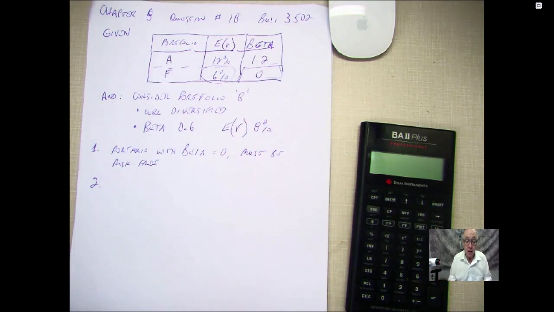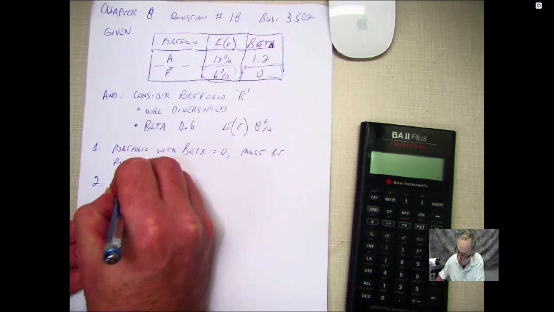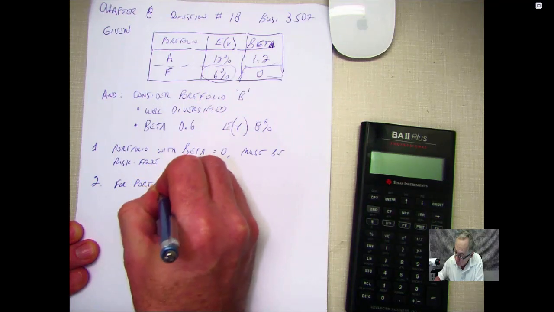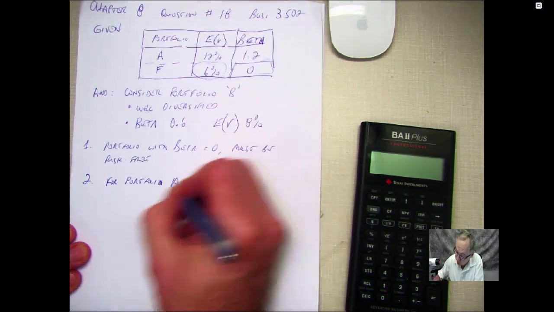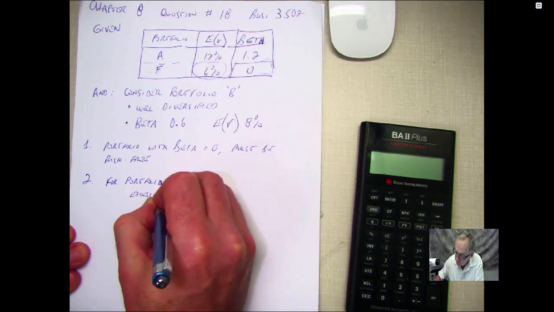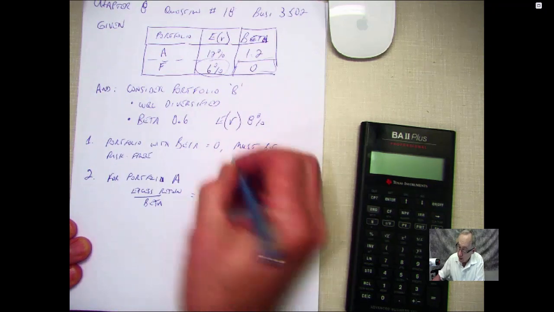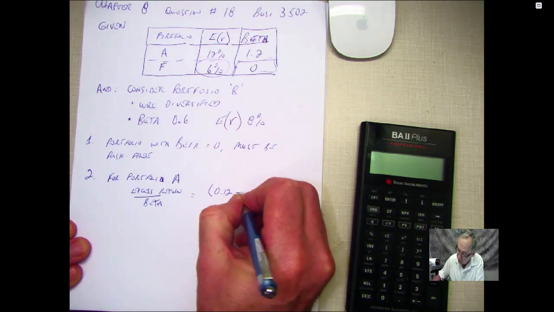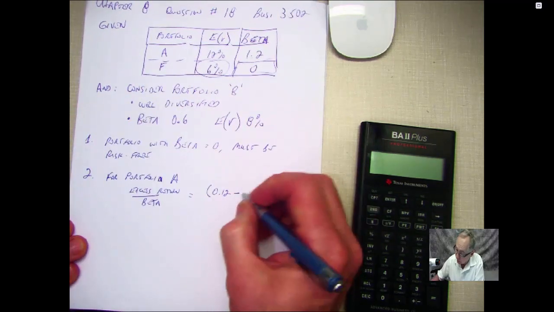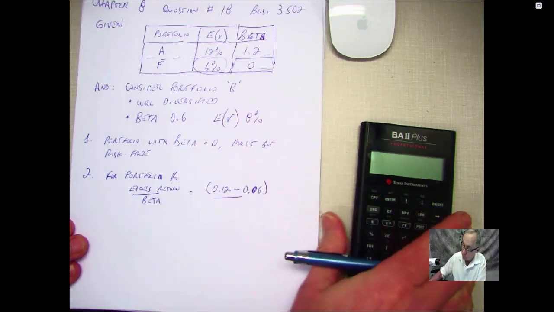Second, let's calculate the return to beta for the potential portfolios. So for portfolio A, return to beta is, or excess return, and our market return for portfolio A is 12%, but we're concerned with excess return, and logic tells us that the zero beta portfolio is the risk-free.